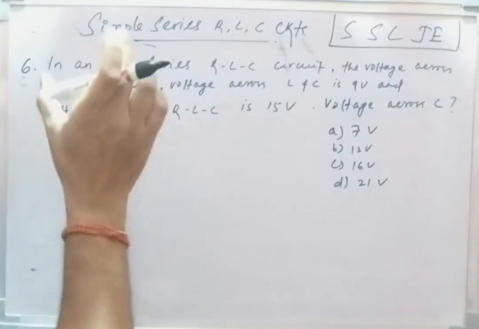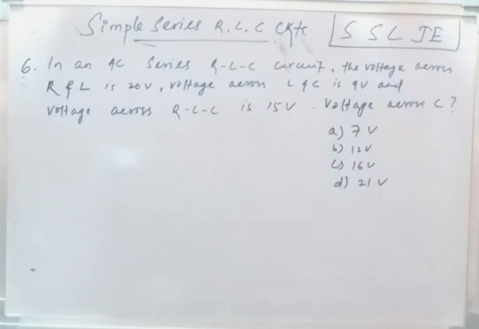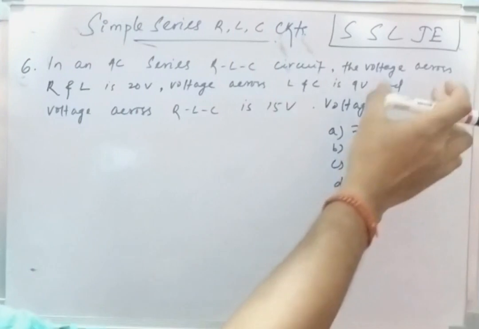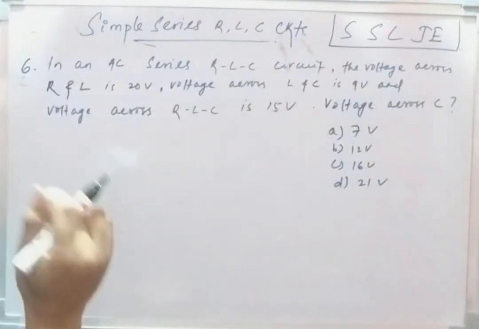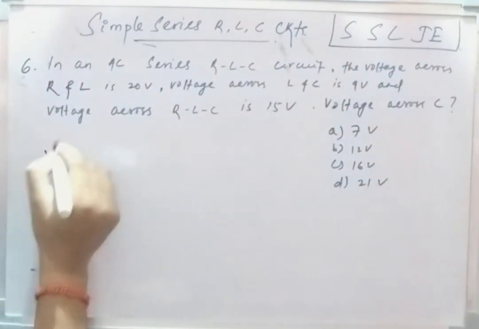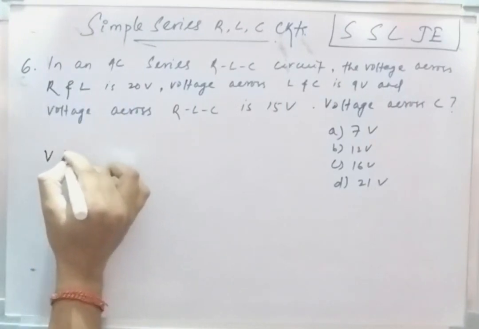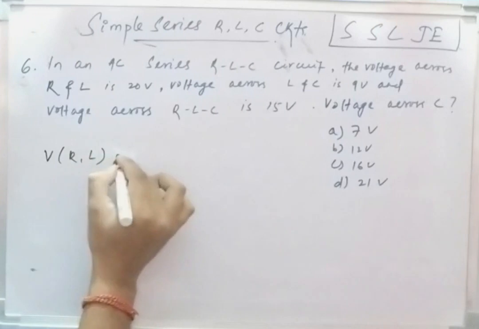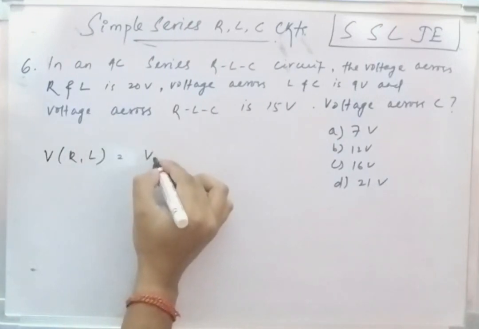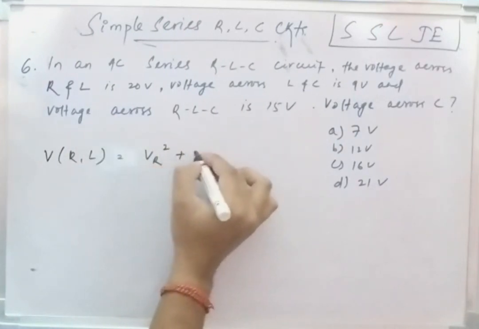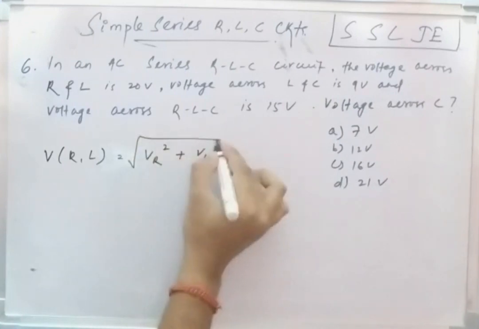So if we write the voltages in complex form, the voltage across R and L is given, so we can write it as the square root of VR square plus VL square.